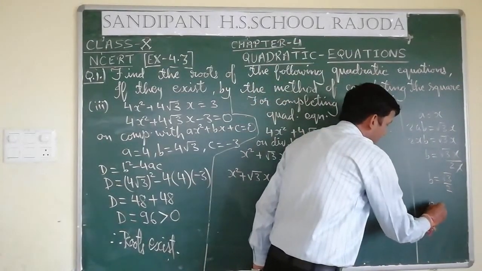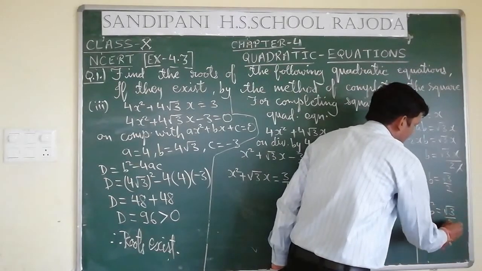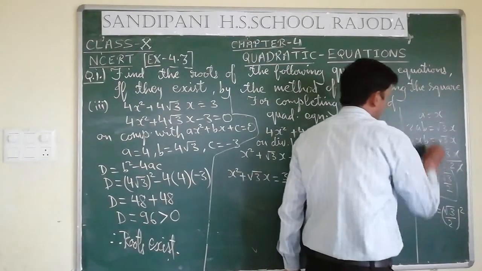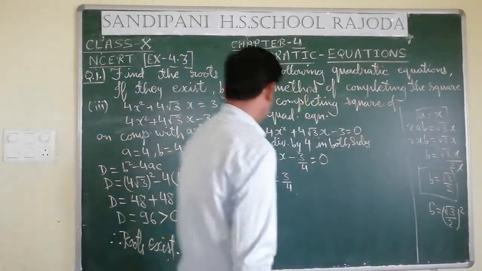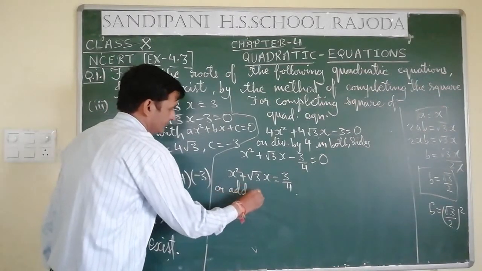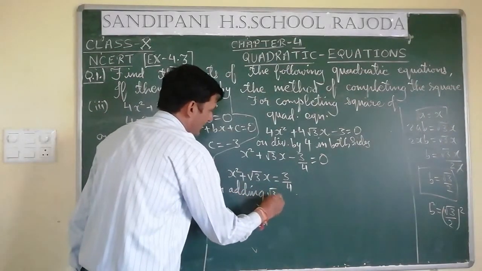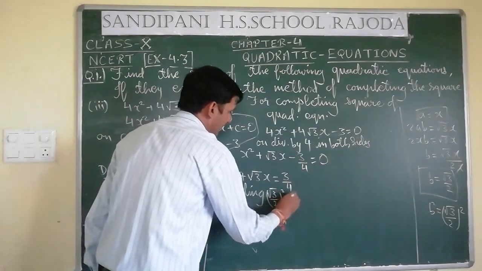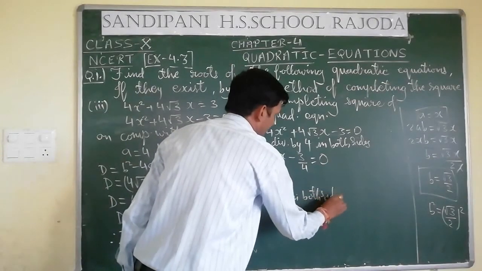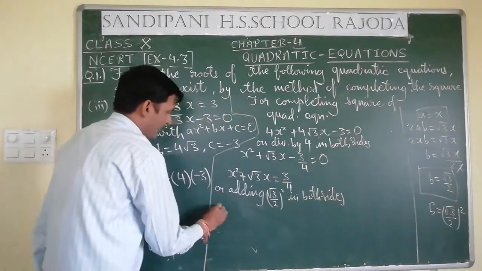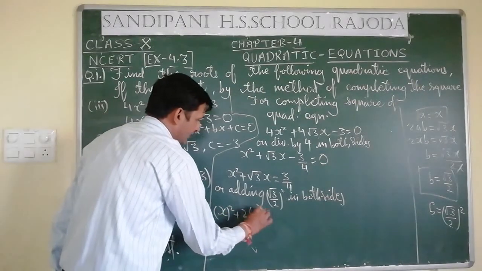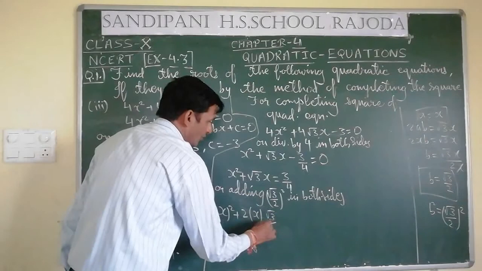So B square is equal to root 3 by 2 whole square. It is value of B. This is value of A. So on adding root 3 by 2 whole square in both sides, it will become x square plus 2 into x into root 3 by 2.